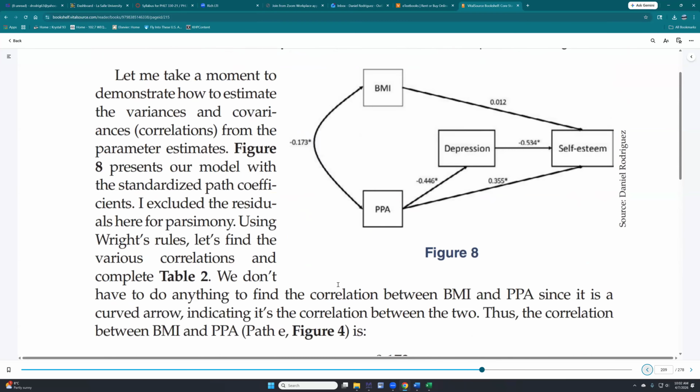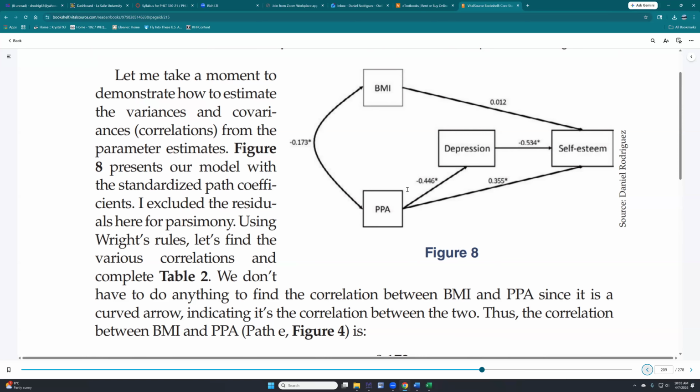My third way that does not involve going forward and then backwards is going from depression to PPA. This is like I just tried this way, but traffic is really bad. But I know, because I keep on trying all these different routes, that there's another way to get there. Depression to PPA to BMI and then to self-esteem. Backwards and then forward.